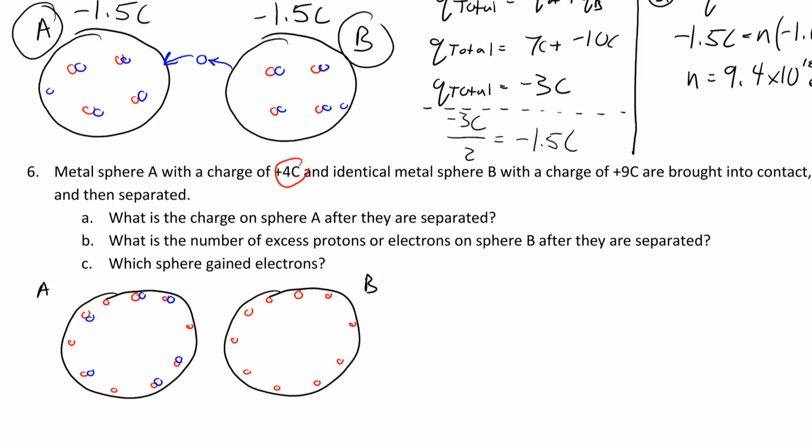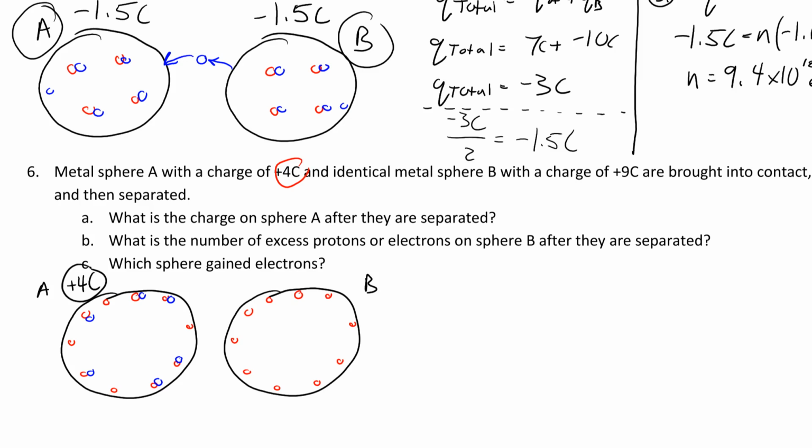So we have 1, 2, 3, 4 excess protons. I'll use that to represent the fact that this is positive 4 coulombs of charge. Now, positive 4 coulombs isn't equal to 4 electrons, right? As we could see from the Q equals NE formula over here, it actually takes a lot of excess protons to make 4 whole coulombs of charge.